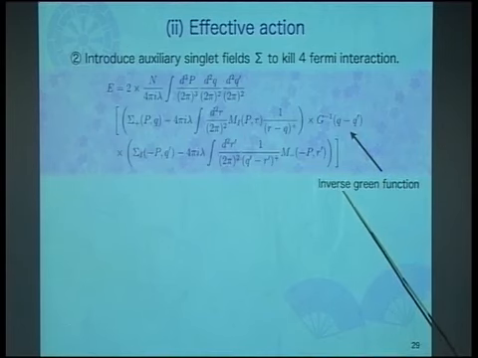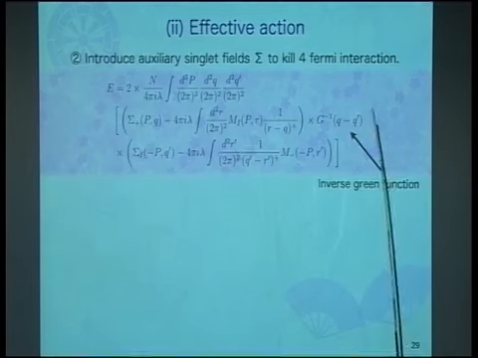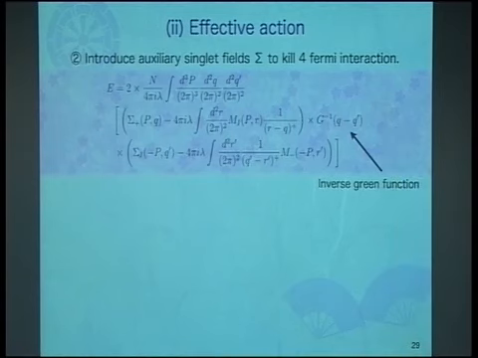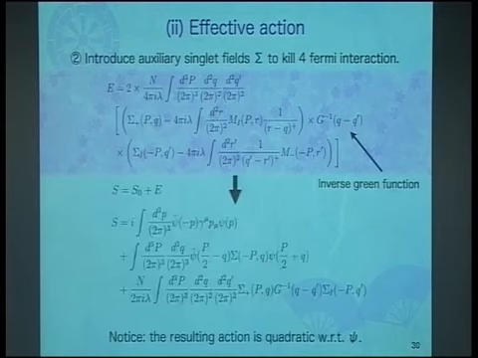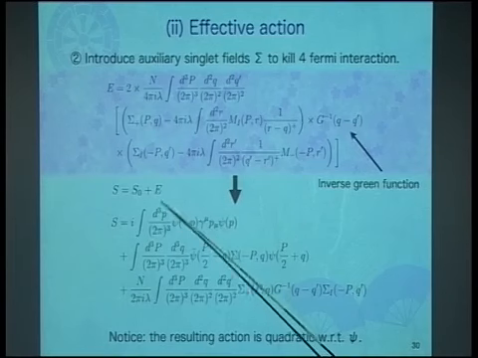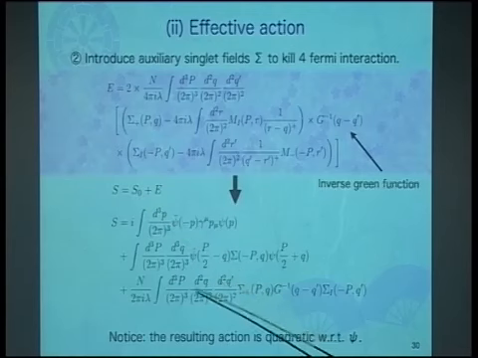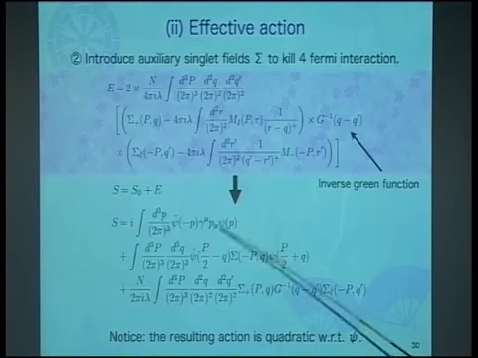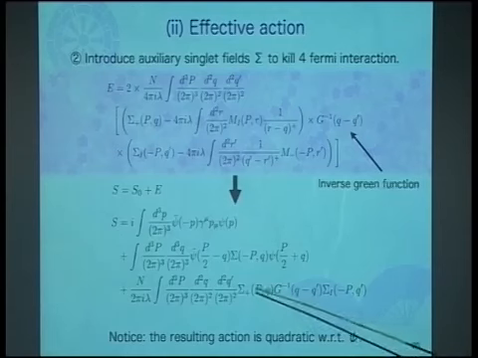I introduced some inverse Green function in 2-momentum space, but anyway, the point is this is chosen in such a way that this auxiliary singlet field can kill the 4-Fermi interaction. And adding this action into the original action, you can see it is quadratic with respect to psi, like this, right? This part disappears.